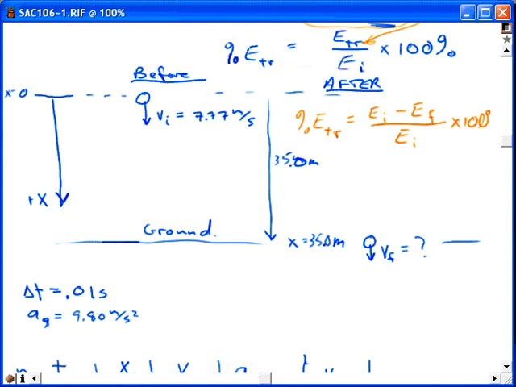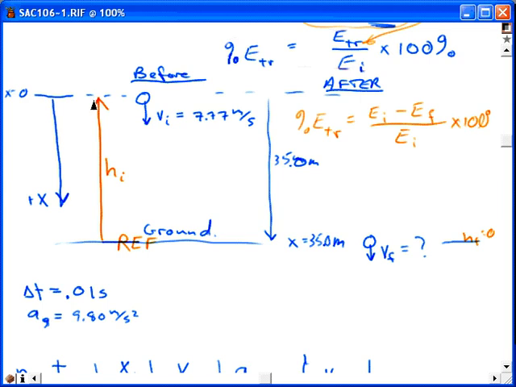Okay, let's get up here and see what I'm going to use for a reference level. I think I'll call the ground level my reference level. So initially the object is up at some height HI, and finally HF equals 0, so we've got no potential energy in the after picture.